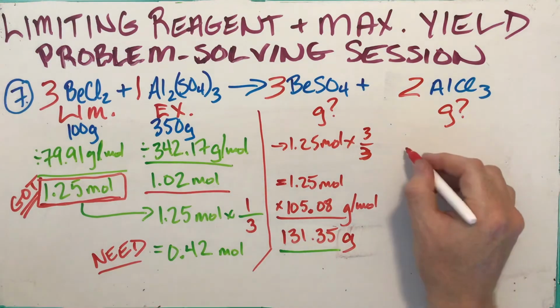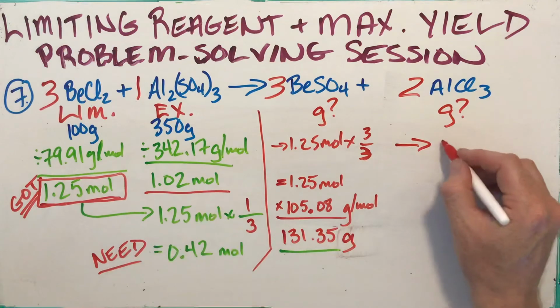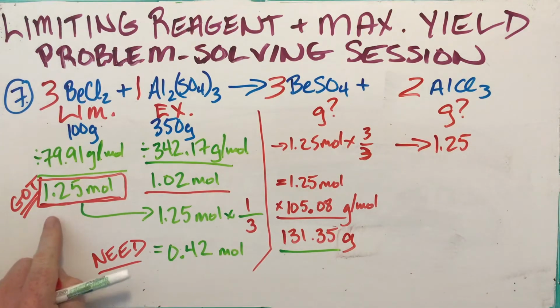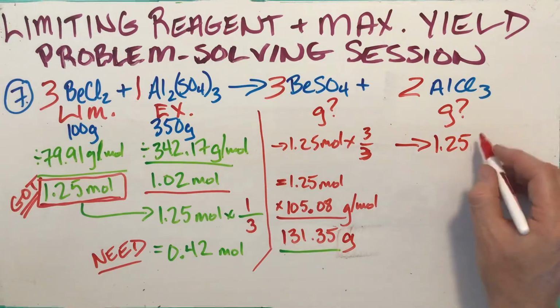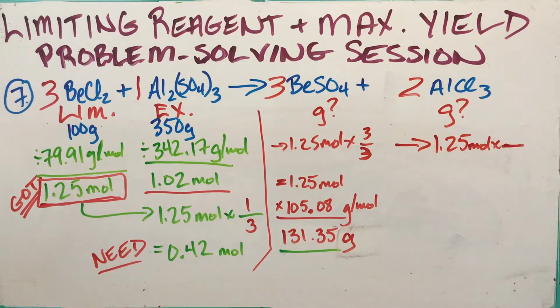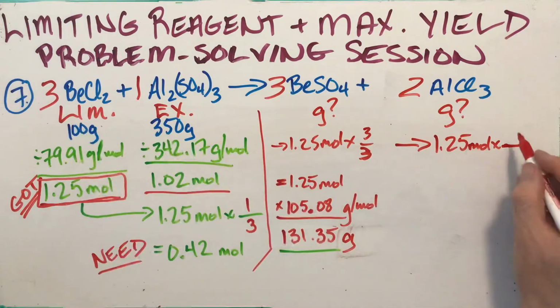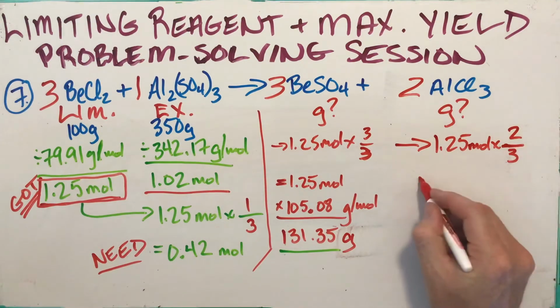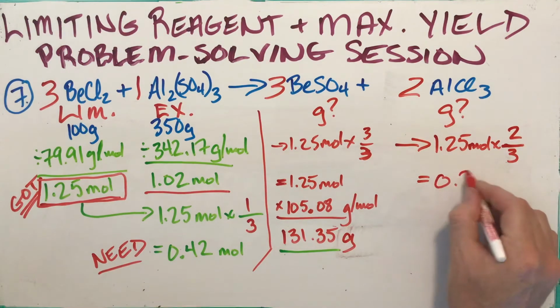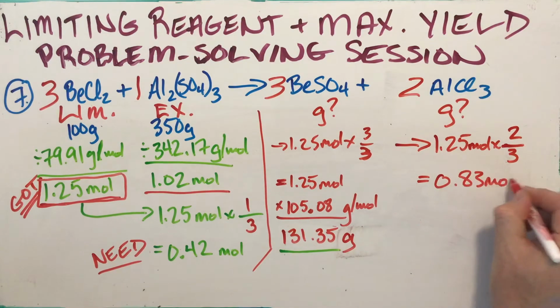Bringing it over again. Again, I don't need the arrow to be here. I can just bring it over like this. You can see the arrow short, but I understand that I'm starting it from my limiting reagent, which is here. My mole ratio in this case is going to be 2/3, and that will equal 0.83 moles.